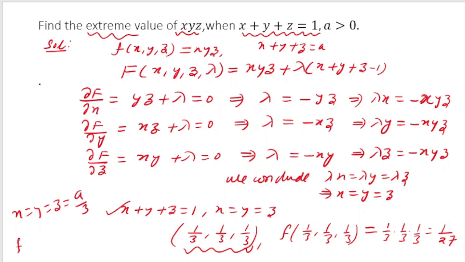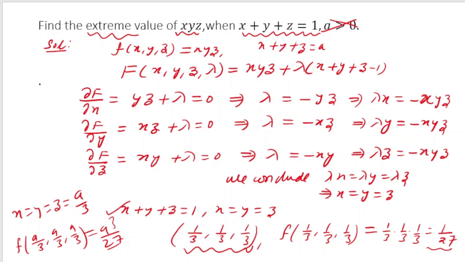So the function value at the point a by 3 comma a by 3 comma a by 3 will be equal to a cube by 27. So that is what this a is. Since we have solved this problem, if you ignore this a greater than 0, then the answer is 1 by 27. Okay, so I hope you have got this point.